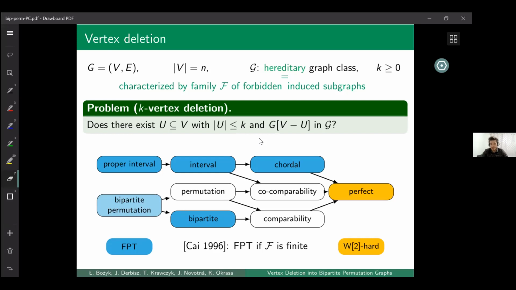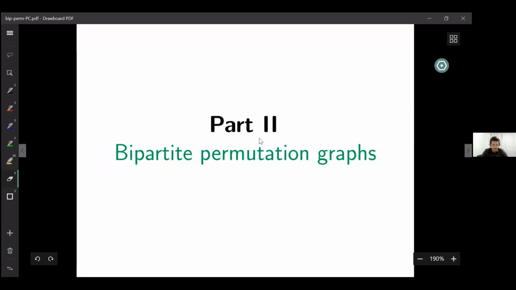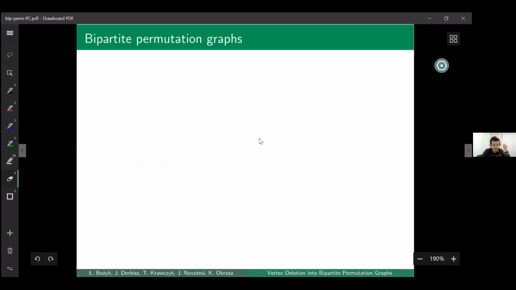Okay, so this is the big picture on the vertex deletion problem. I suggest we move to the small picture of bipartite permutation graphs, the class that we're interested in, and let's introduce it via forbidden induced subgraphs. As the name suggests, bipartite permutation graphs are precisely the intersection of bipartite and permutation graphs.